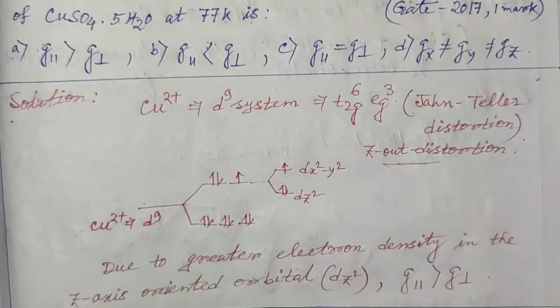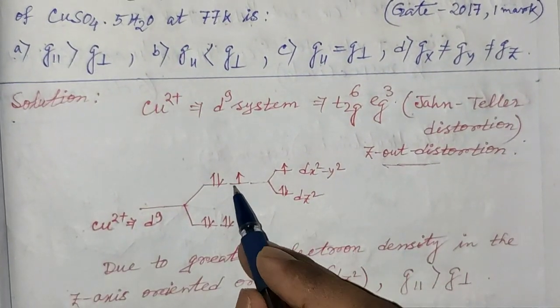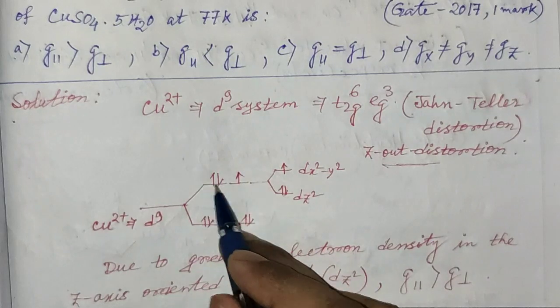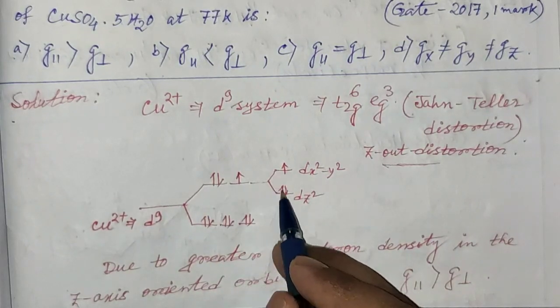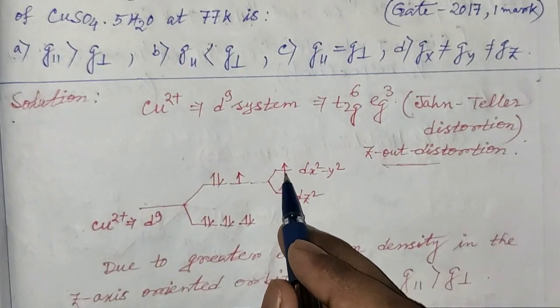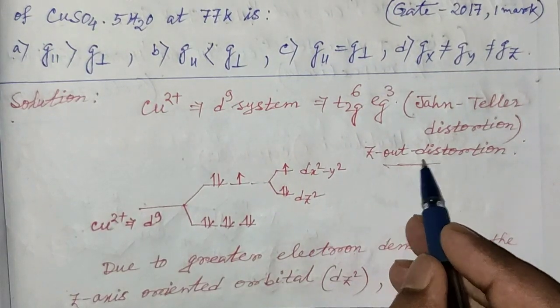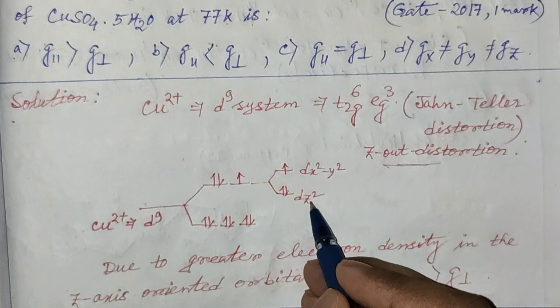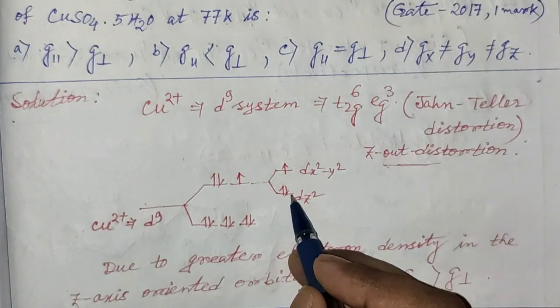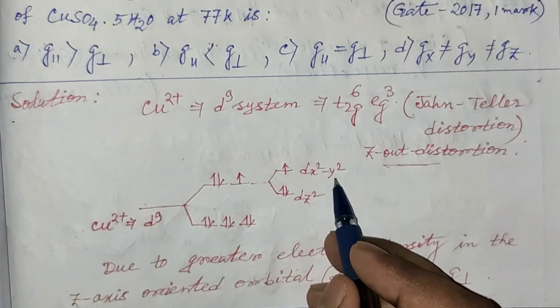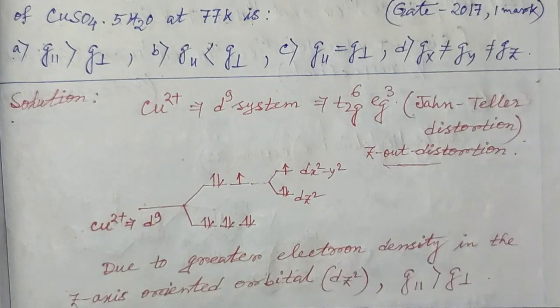Now for z-out distortion, the unsymmetrically filled eg orbital will be divided into two d orbitals, and since z-out, the dz square orbital will be more electron rich than the dx square minus y square orbital.